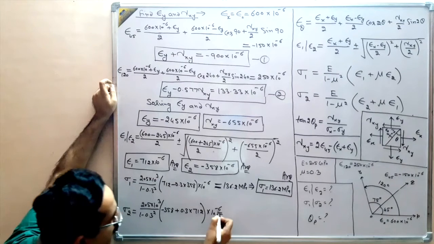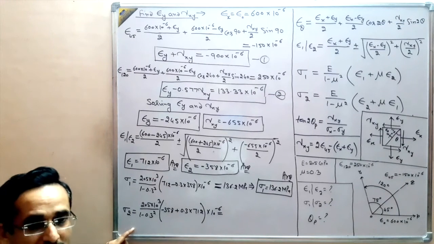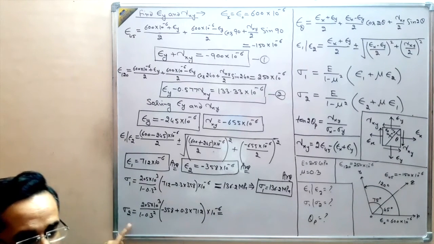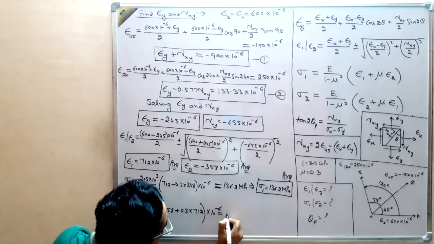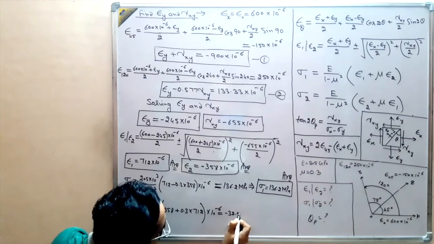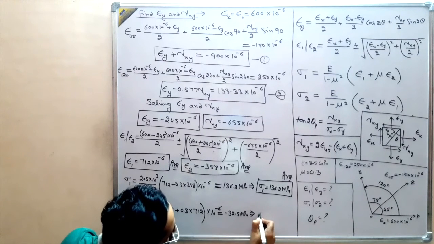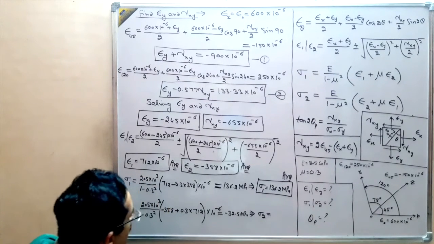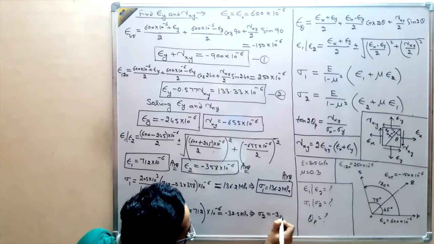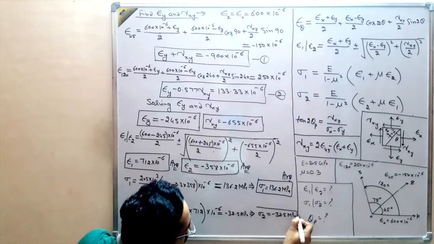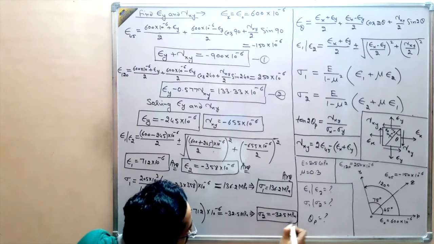So you will get one more answer, the minor principal stress, equal to minus 32.5 megapascal.